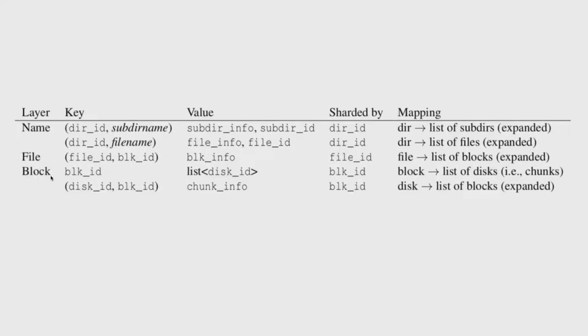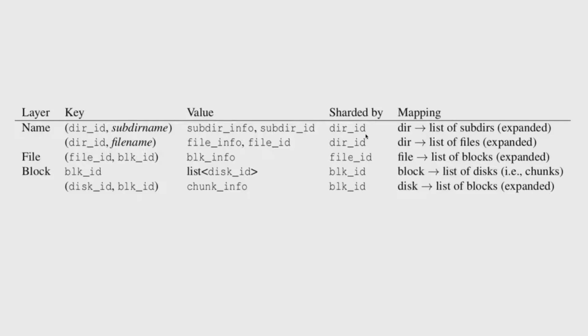So blocks, as we saw earlier, are the unit of durable storage, but what gets eventually stored are those chunks. All of these layers are hash partitioned by directory, file, and block IDs respectively.